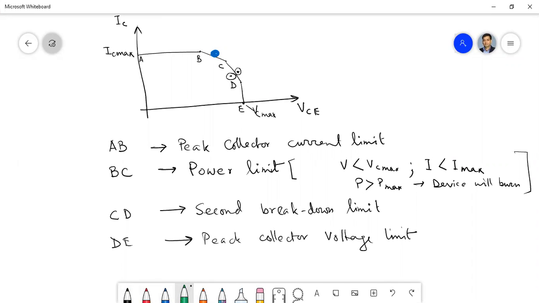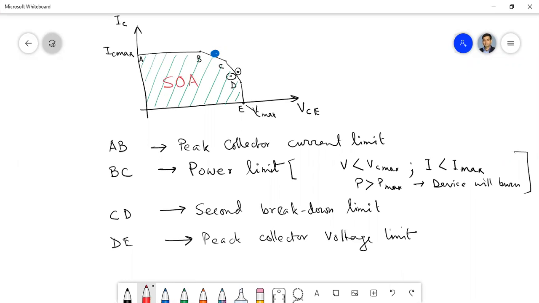So these are the 4 straight lines which I have shown in the SOA. This area is basically your SOA, and whenever you operate any transistor, you have to see the SOA from its data sheet. Accordingly, you have to select the operating point.